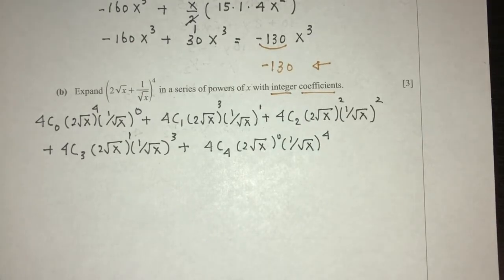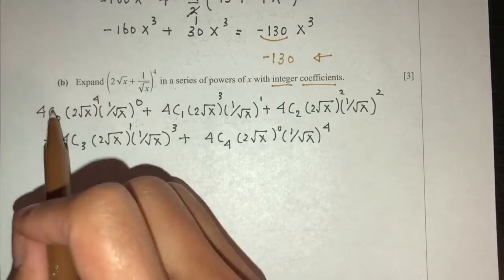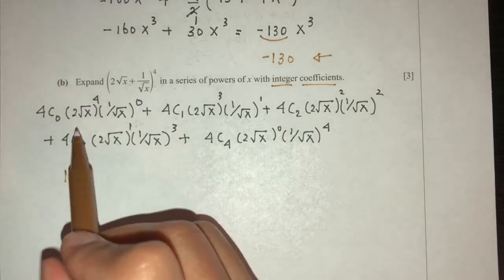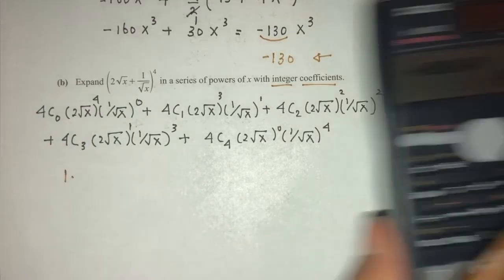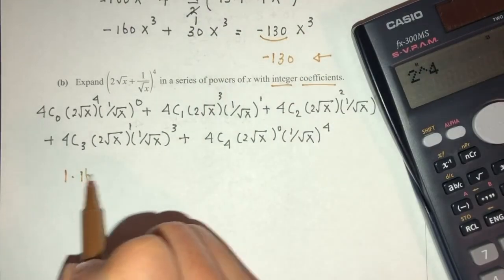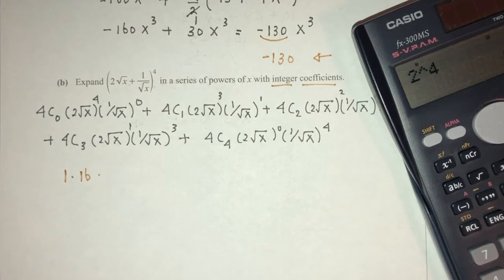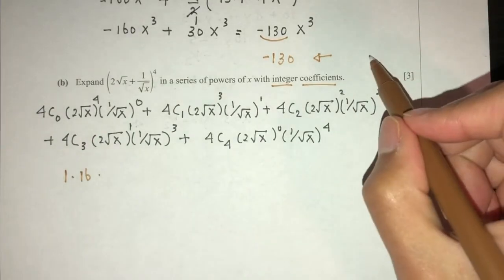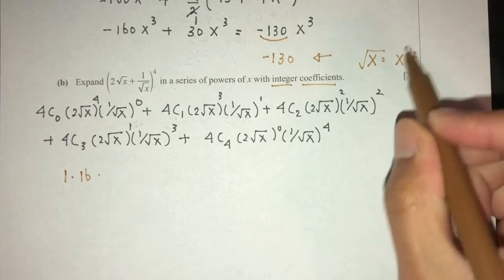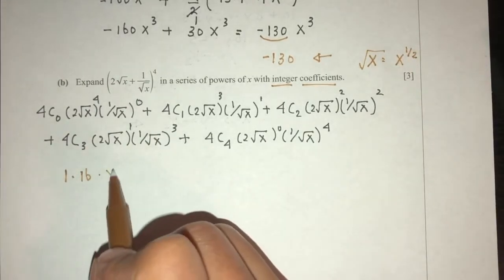Now we can try to simplify to see what happens. So here you have 1 for the first one here, times, this will be 2 power 4 is what? 2 power 4 is 16, and x power x, so you have to know that cube of this is equal to half, right? So half times 4 will be 2 x squared.